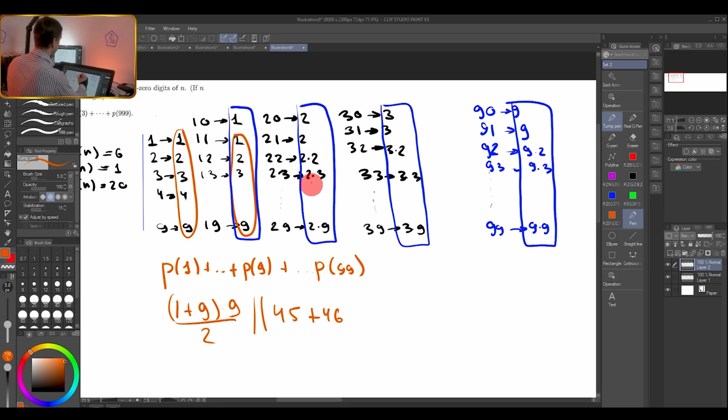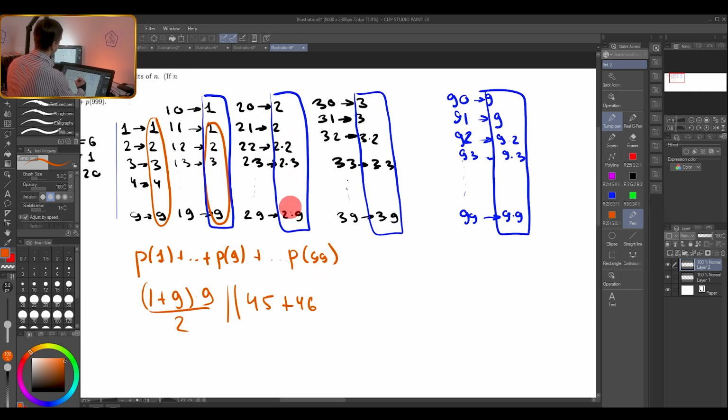Here you can factor out 2 when you add all these numbers, and inside the parentheses you will have exactly this sum. So the sum of this column will be 2 times 46. The sum of this column will be 3 times 46. And eventually the sum of the last column will be 9 times 46.